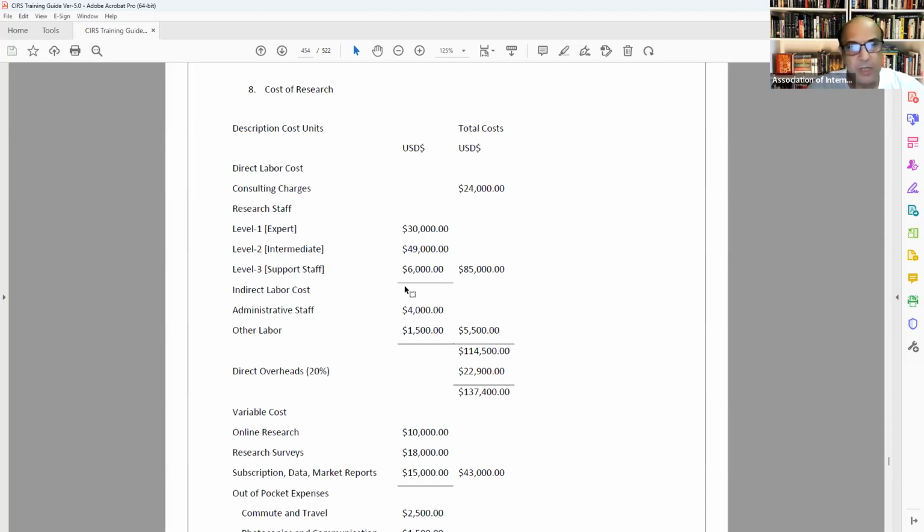So expert level 1, 2, and 3. Different levels means that different tasks or different volume or value of work is assigned to them, and therefore the cost varies. So 30,000, 49,000, 6,000, total 85,000.